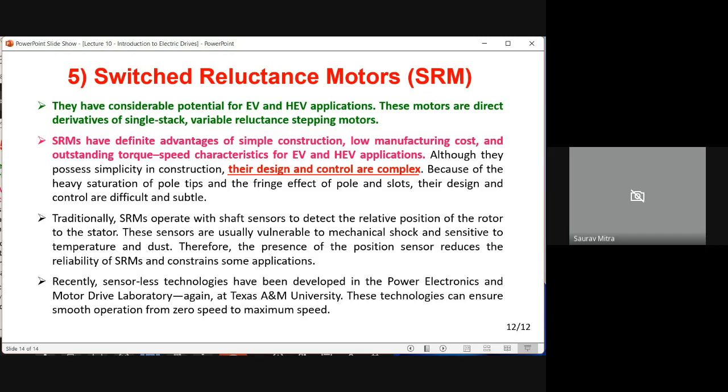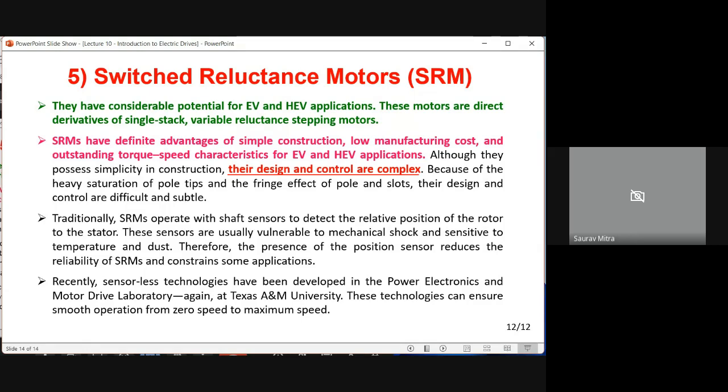But whenever it comes to the tip, where there is an air gap between the north and south poles, the flux lines will bulge out, and then again get concentrated as they go from north to south. So inside the magnet they are concentrated, but outside the magnet, while passing through the air gap, they bulge out. This process is called fringing. That is one of the problems in the case of the switched reluctance motor.